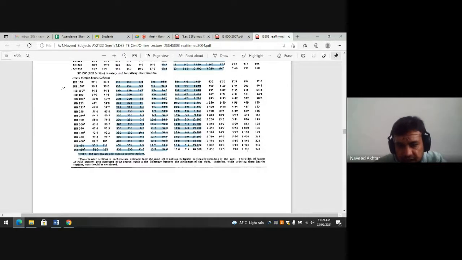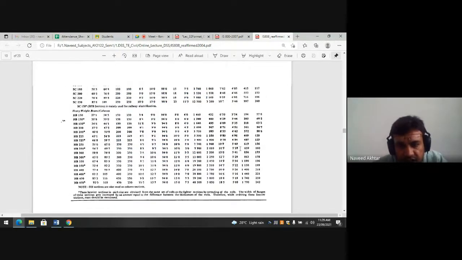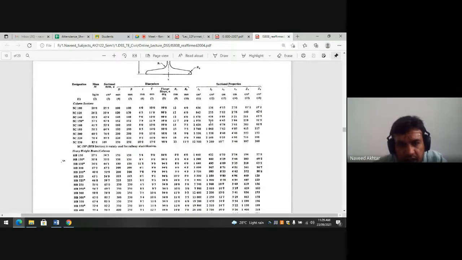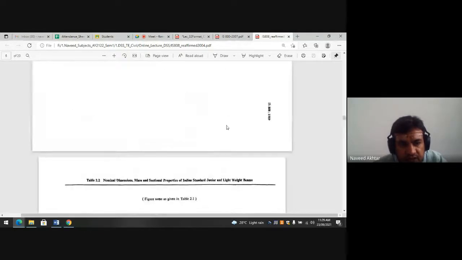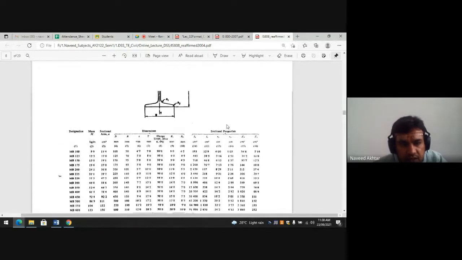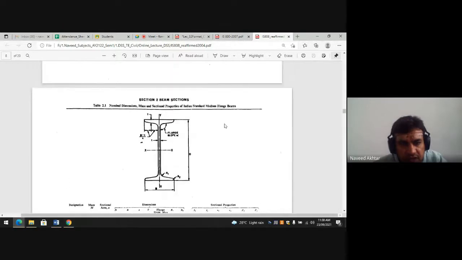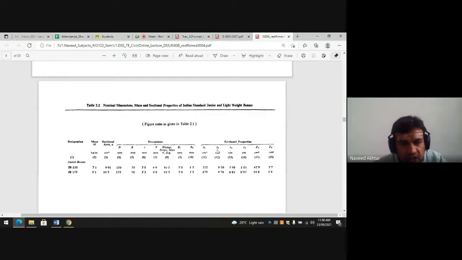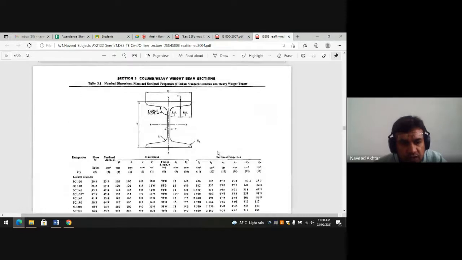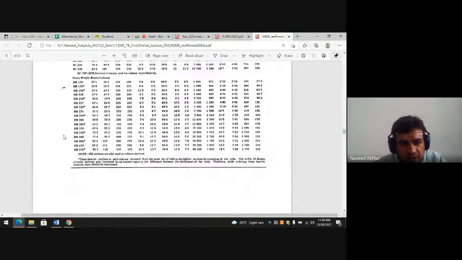You can see here the section properties, plastic section modulus. Where is the plastic section modulus? I section, ISHB, ISMB, ISAB, LB, WB, ISHB.